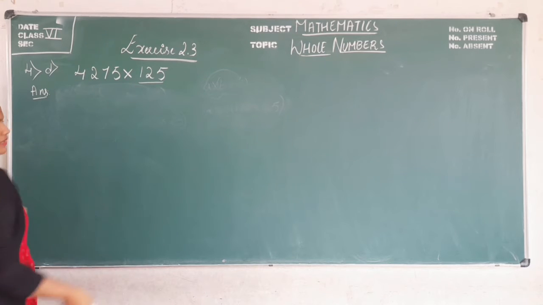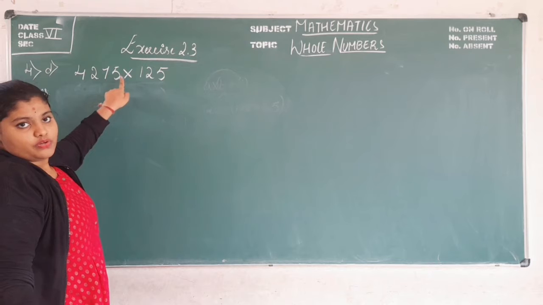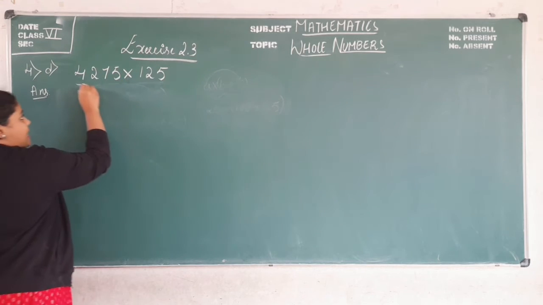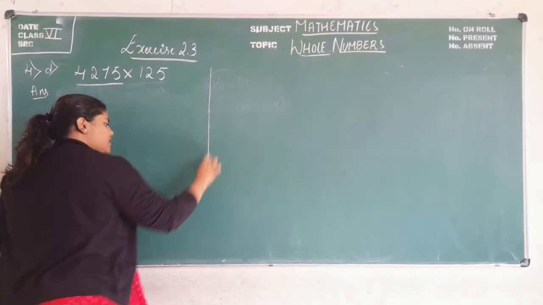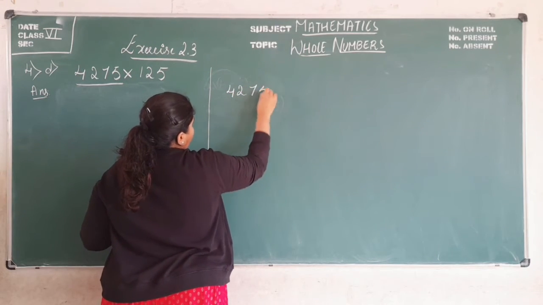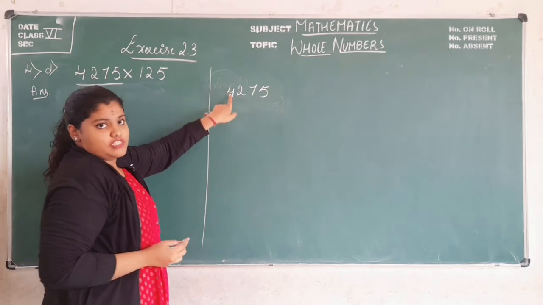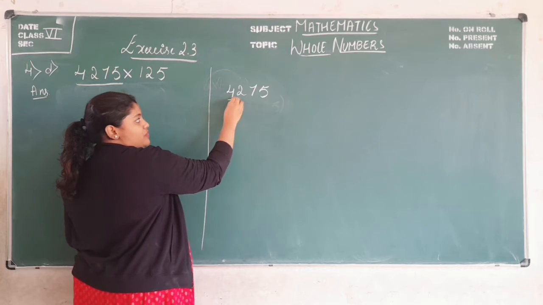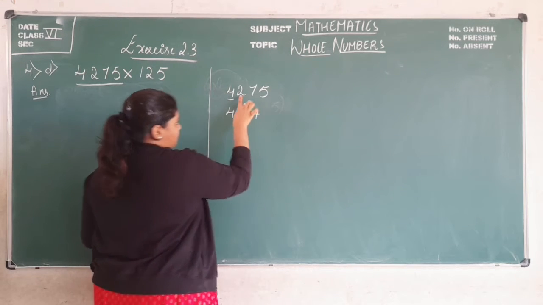What we will be doing is splitting this 4,275. We will be expanding 4,275 first. How to expand it? 4 is in thousands place, so the value of 4 is 4,000 plus.